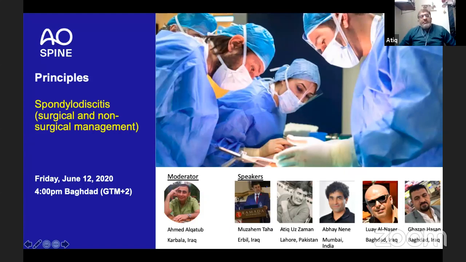These PEEK cages are very expensive, and our patients cannot afford them. We use them when we do PLIF or TLIF, but even there we try to use our own cages. These are locally made cages, and they cost only $20 in our country. We prepared them in different sizes, and these are hollow cages, and they are working very well in TB spine.